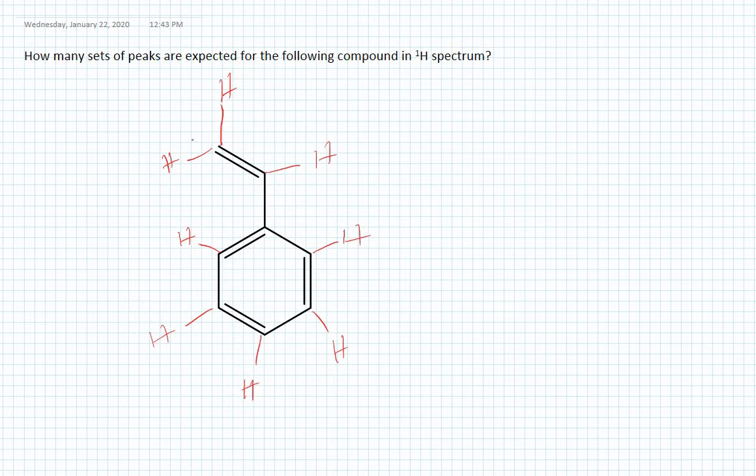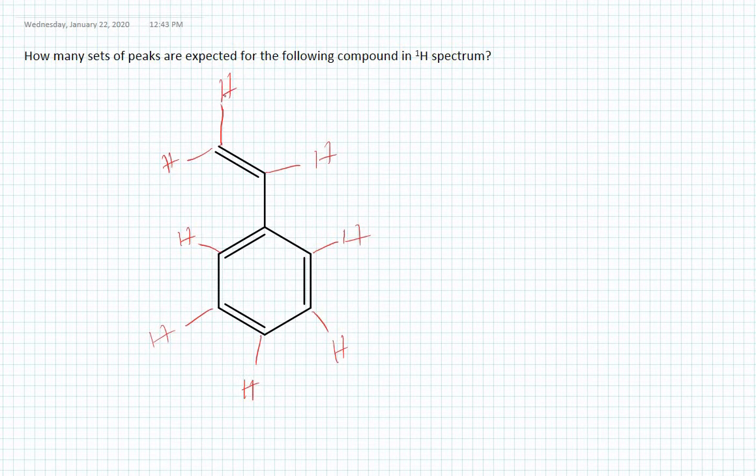Anyway, let's go to the NMR spectrum. Here we have two hydrogens. We have to determine whether they are equivalent hydrogens or not. Since this part is a carbon-carbon double bond, the rotation is restricted, so the positions of this hydrogen and that hydrogen are fixed.